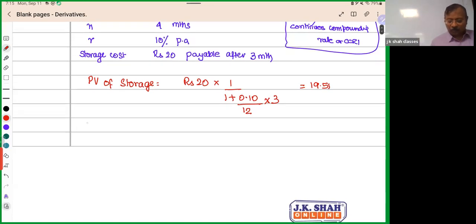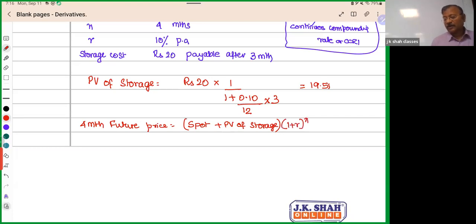So now, what will be my 4-month future price? 4-month future price will be spot plus PV of storage into 1 plus R raised to the power n.